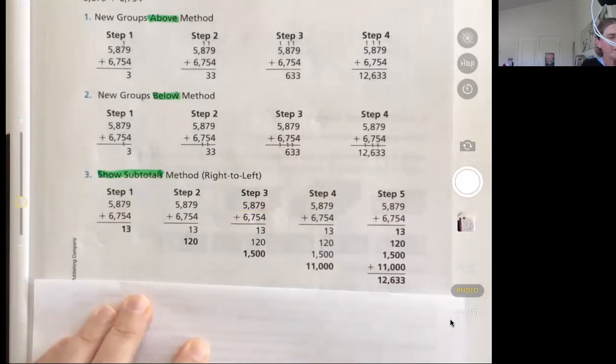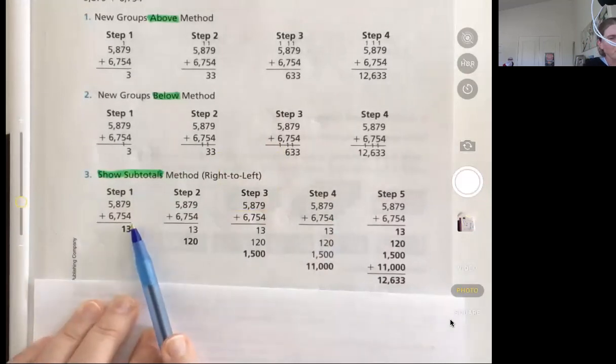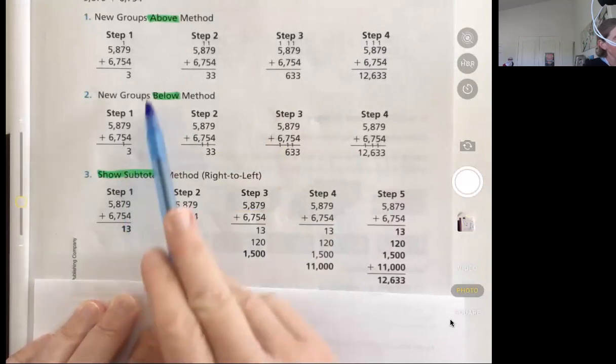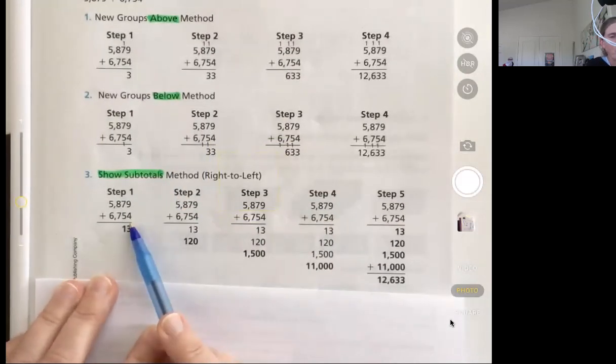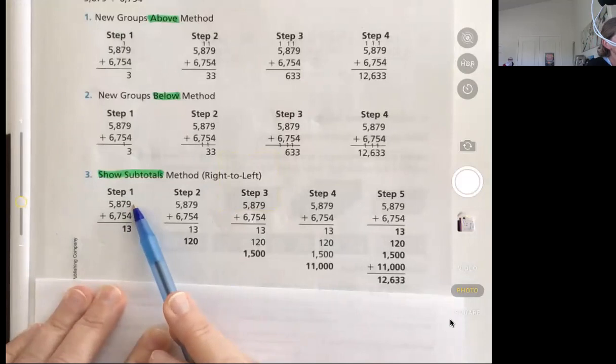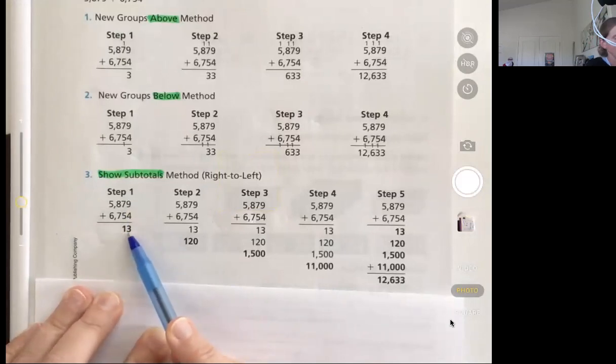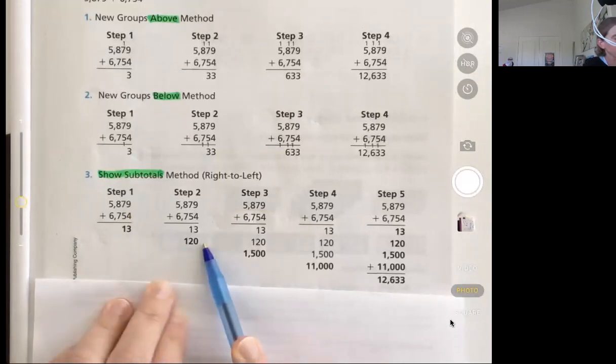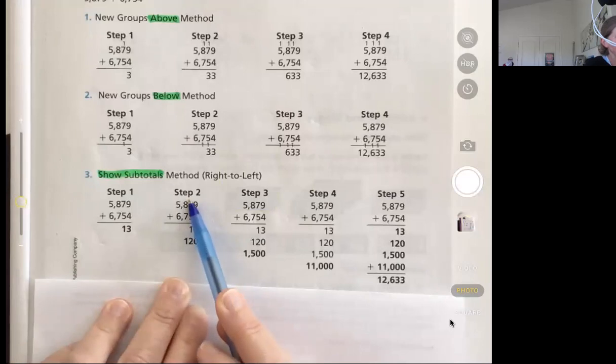What that means is you're going to be writing the total for each section, for each place value, I should say. So here we go. It's the same equation. We'll start in the ones place. 9 ones plus 4 ones is 13. So I write the whole thing down. Now I move in step 2 to my tens place.